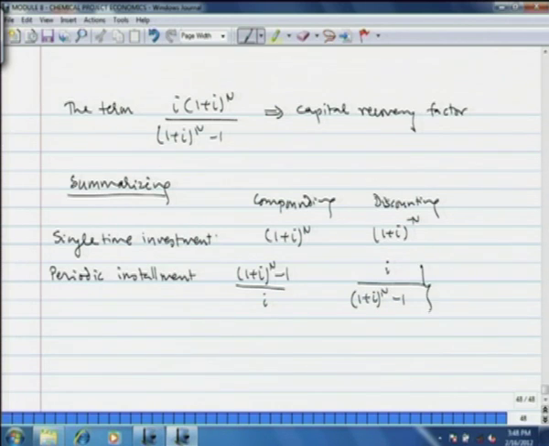Now, derivation of this I leave as homework to you. You have to work with the same series as we did for deriving the compounding factor.